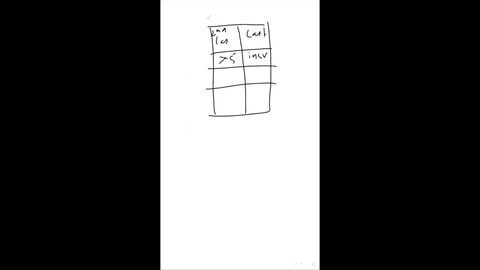If it is less than 5, then do not increase. If it is equal to 5, then even, do not increase. Odd, increase. That's it.